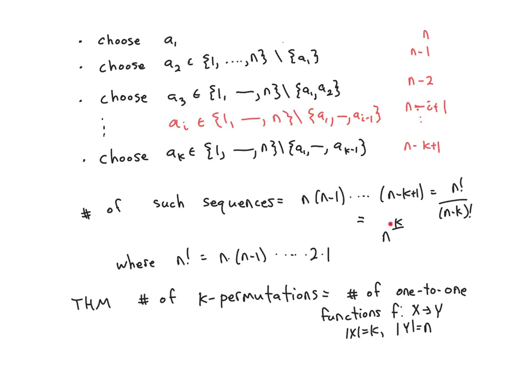And so we see that this is the number of k permutations. What we are going to prove at the end of the video is that the number of k permutations is also the number of one-to-one functions between two sets X and Y, where X has size k and Y has size n.